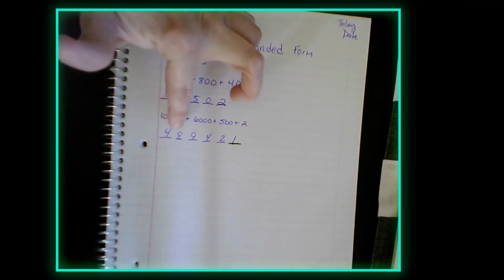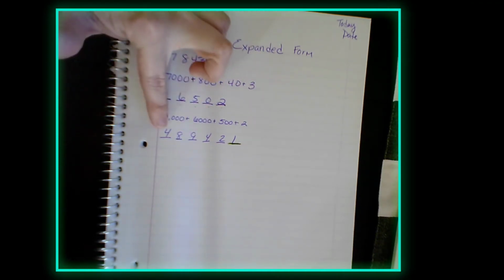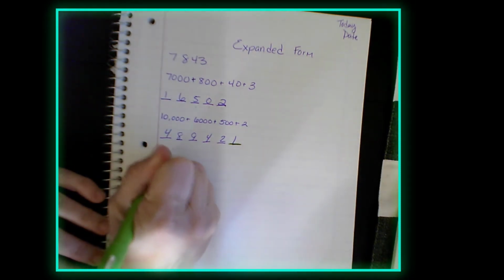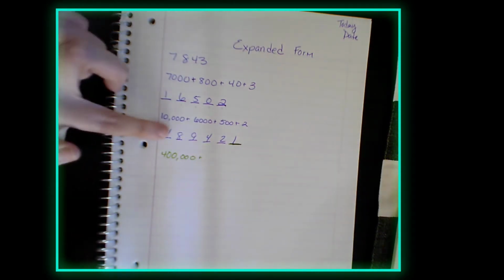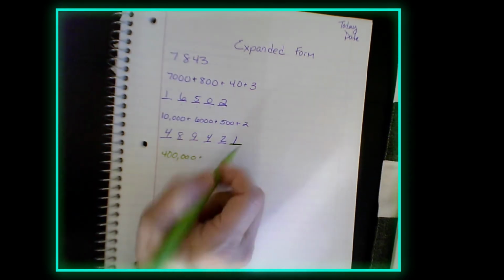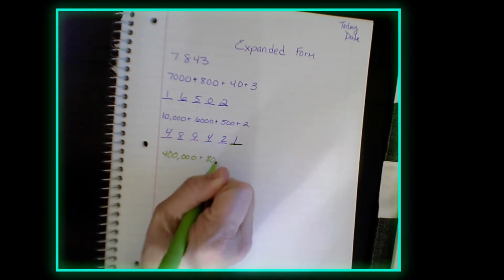Ones, tens, hundreds, thousands, 10,000s, 100,000s. So this 4 means 4 100,000s. Okay, so if I have 4 100,000s, that means I have 400,000 with a little tiny plus. The following number is an 8. The 8, if you guys remember from the number before that, is in the 10,000s place. So that means I have 8 10,000s, which means 80,000.